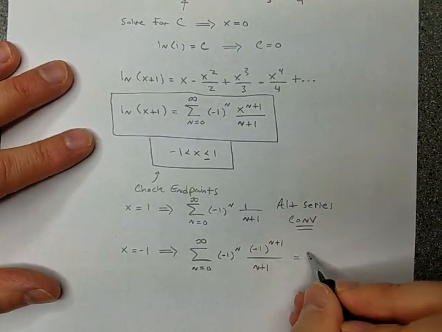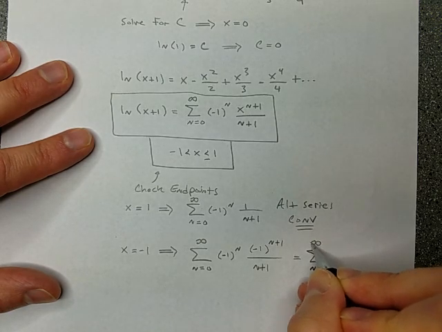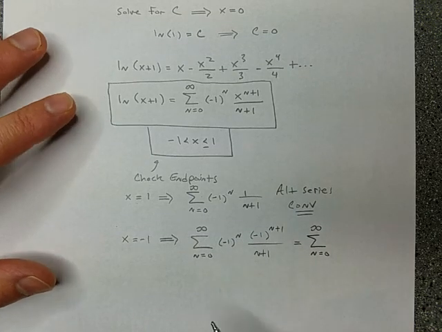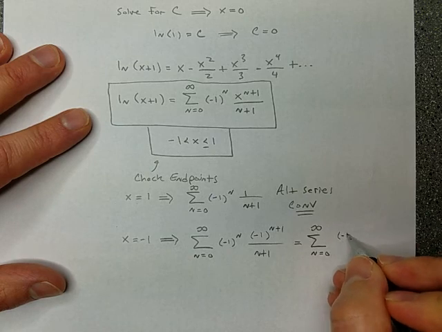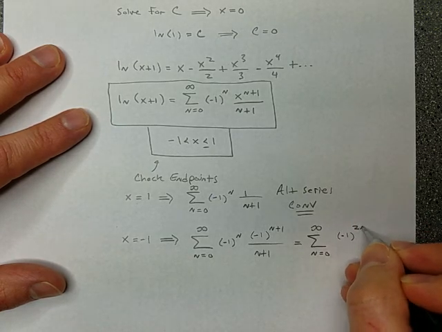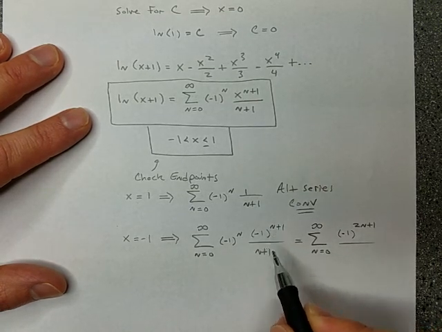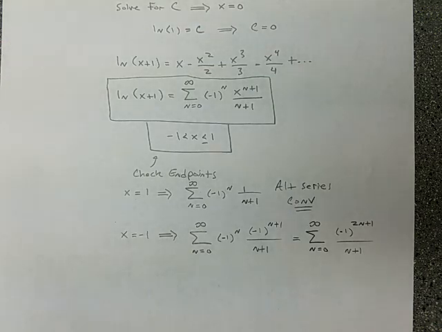Well, let's do a little bit of combining and simplifying to figure that out. I noticed that these are like terms, and I can therefore multiply them together. So that's negative 1 to the n plus 1, which is what you get if you add those exponents, over n plus 1.